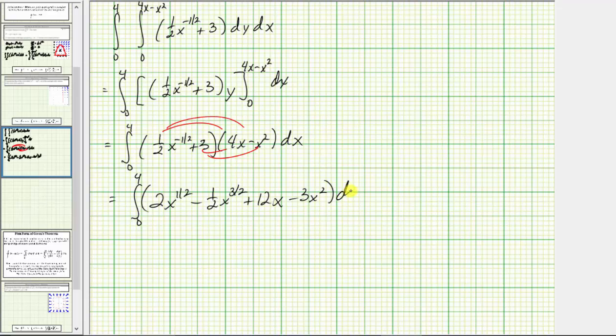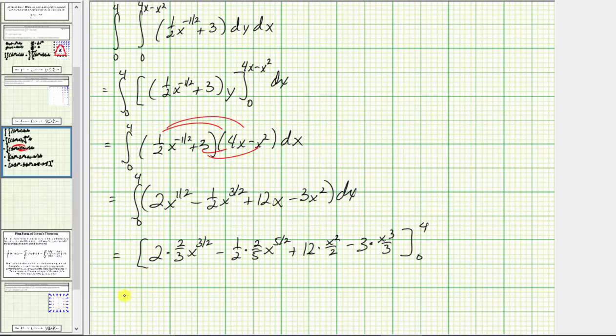And now we integrate with respect to x. The antiderivative is 2 times x to the 3 halves divided by 3 halves, or 2 times 2/3 times x to the 3 halves, minus 1/2 times x to the 5 halves divided by 5 halves, or 1/2 times 2/5 x to the 5 halves, plus 12 times x squared divided by 2, minus 3 times x cubed divided by 3.